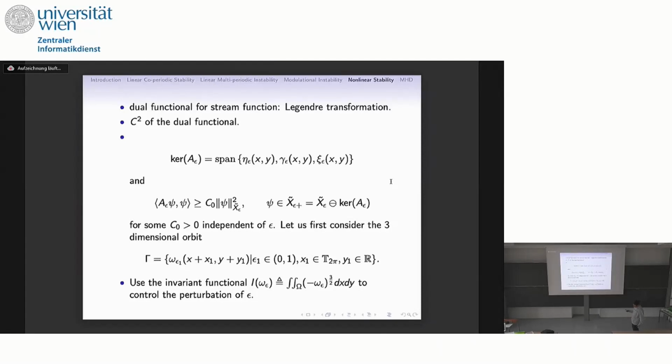We can actually reduce this to a Taylor expansion for a related function of the stream function, because the stream function has a higher regularity, at least it is in H1 dot. So we can hope to get a better regularity of the reduced function. Actually, we can prove the reduced function is indeed C2. Then you can do the Taylor expansion there. So this is the first trick we need to play.